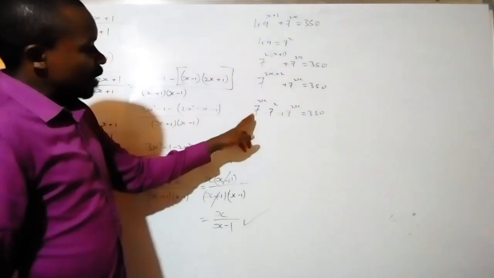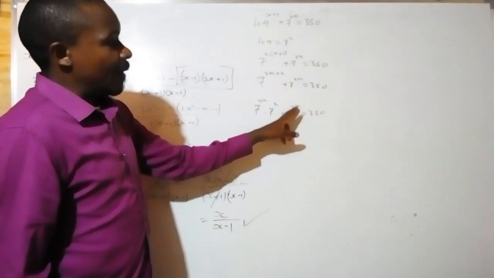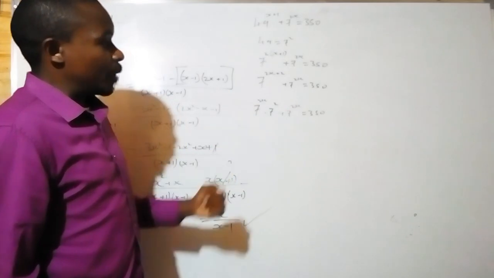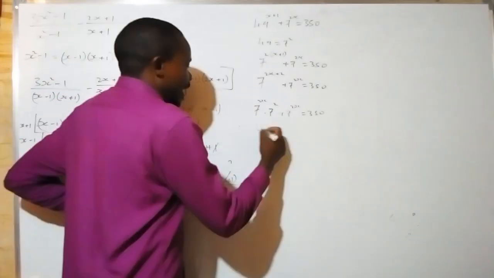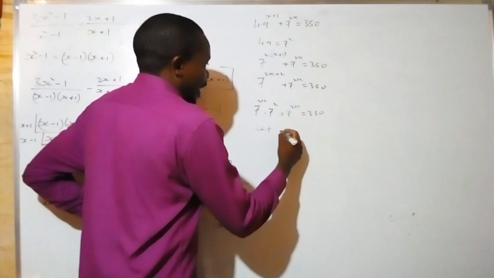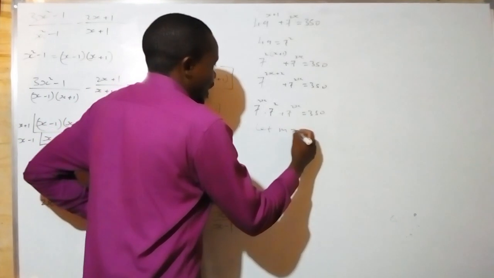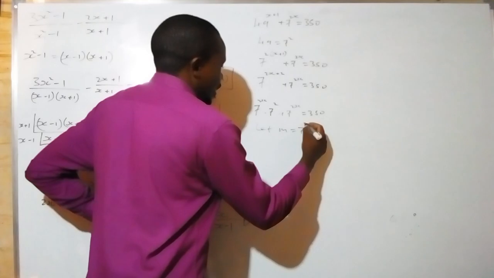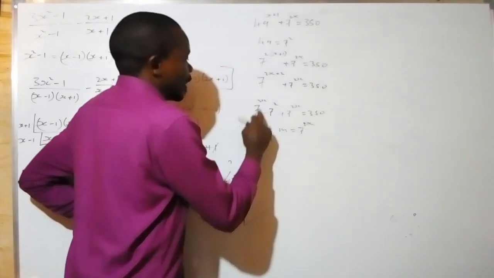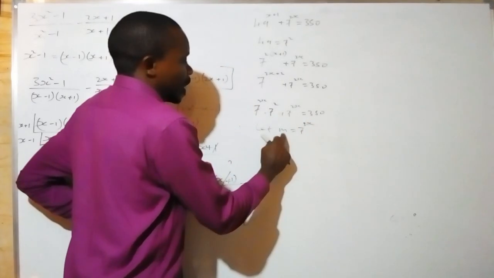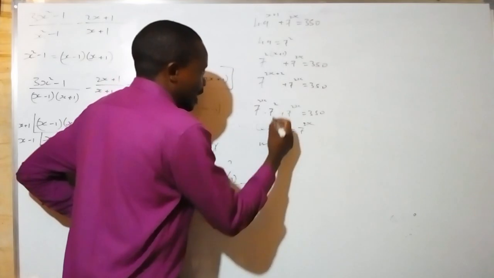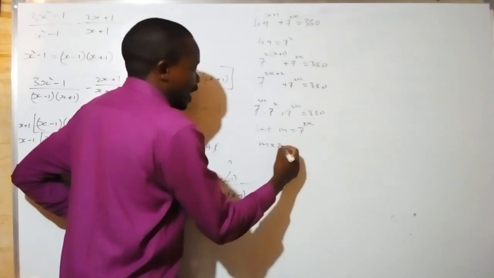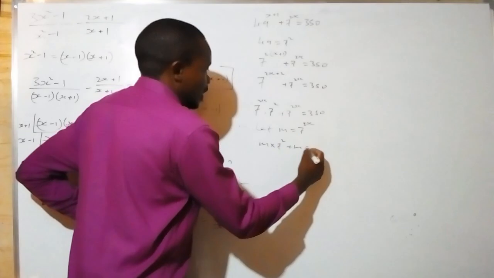Here we have 7 raised to power 2 and 7 raised to power 2x. Those are common. Let m be 7 raised to power 2x.